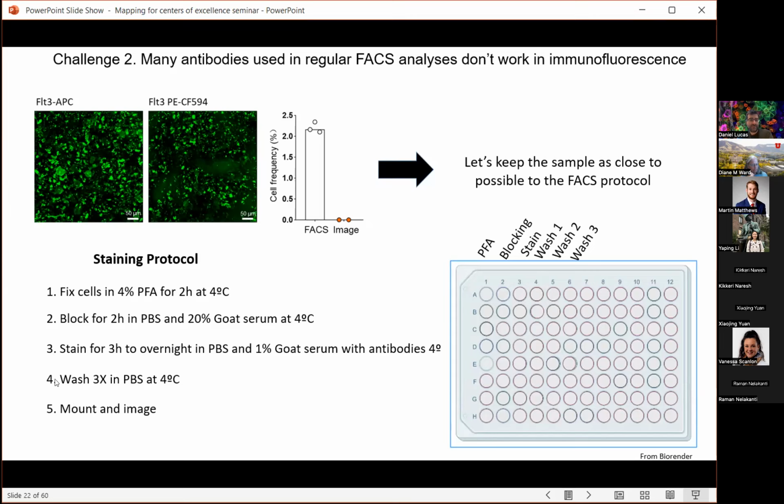Then you wash 3 times in PBS just by taking the sample and dropping it in the next wash for 5 minutes, and then you mount and image this. For imaging, we are using Nikon AXR microscopes, but we've done similar approaches using Leica SP5 and Leica Stellaris microscopes. And this should be able to work in essentially every normal microscopy setup that you have.